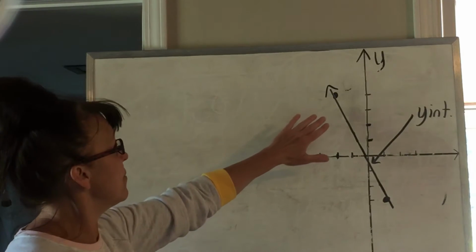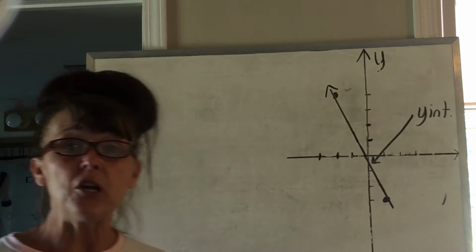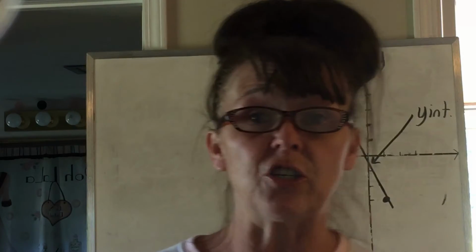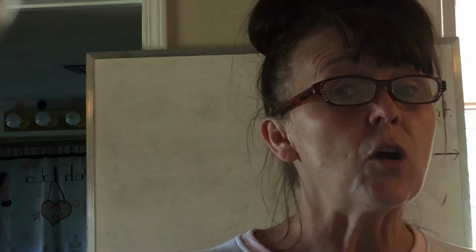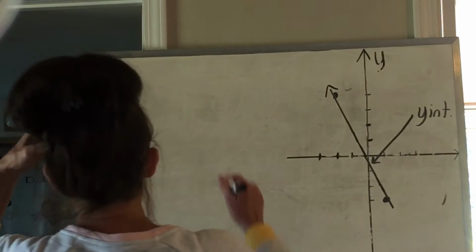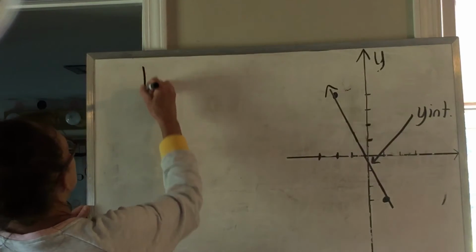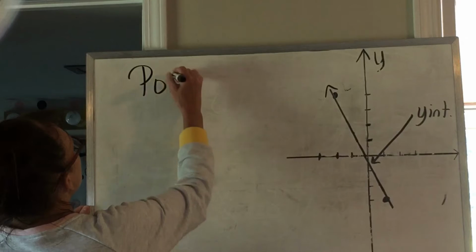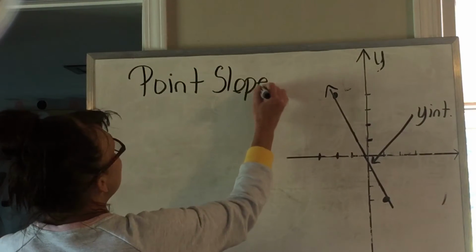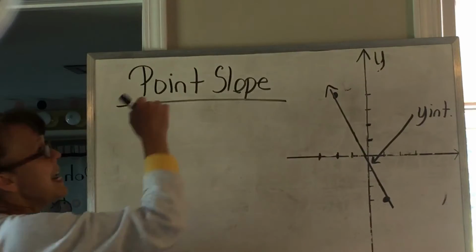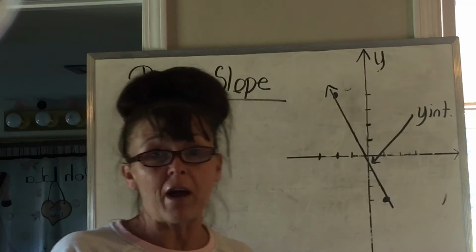I will give you the line, and you have to write the equation that goes with that line. So we're going to start out with the equation called point slope. The reason it's called point slope is because those are the two things you need in order to use this equation.